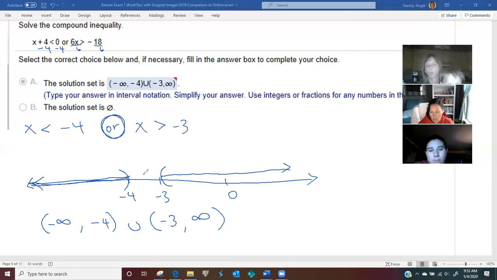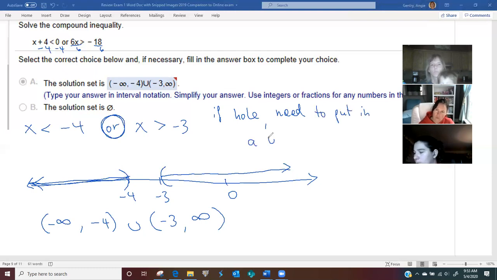But you have a hole. So if there's a hole, you need to put in a union symbol. Now, some people want to always put a union in. This is where I need to clarify this and do a couple more examples. So I'm going to do just a couple of examples of some without first isolating the x and all that.